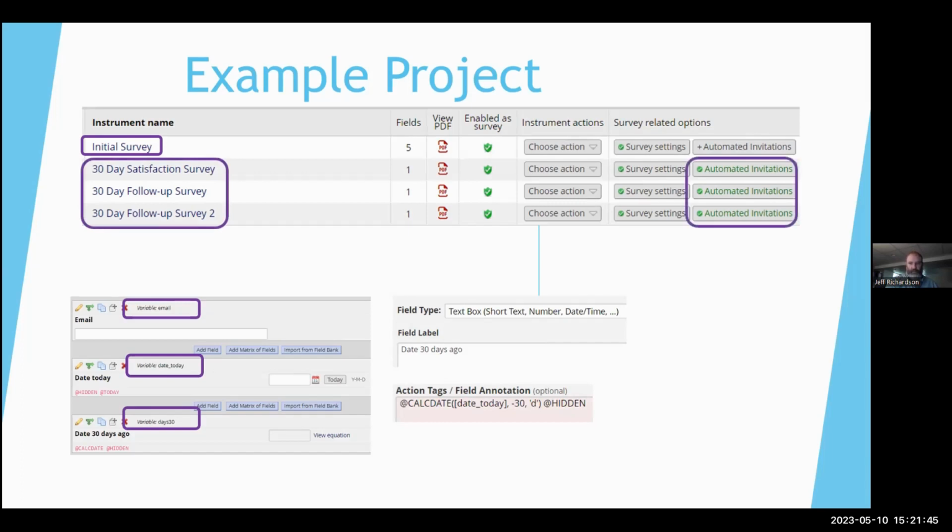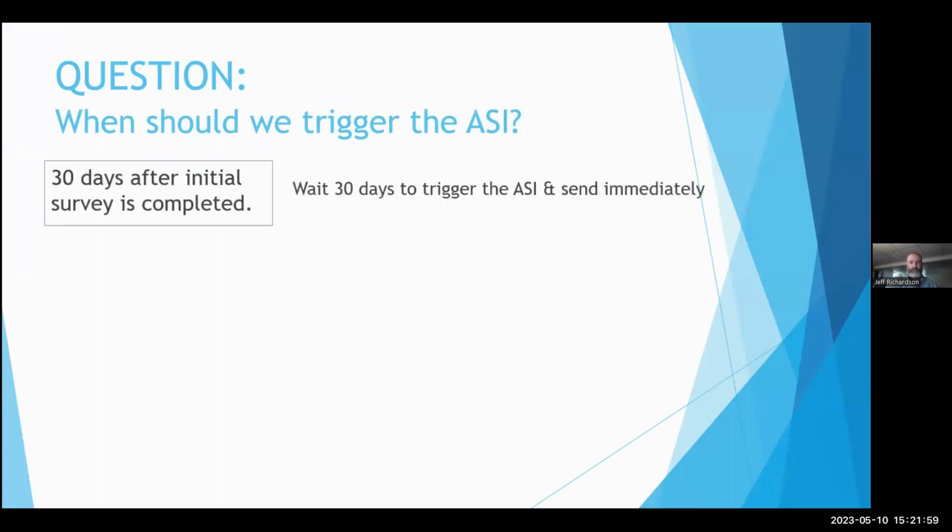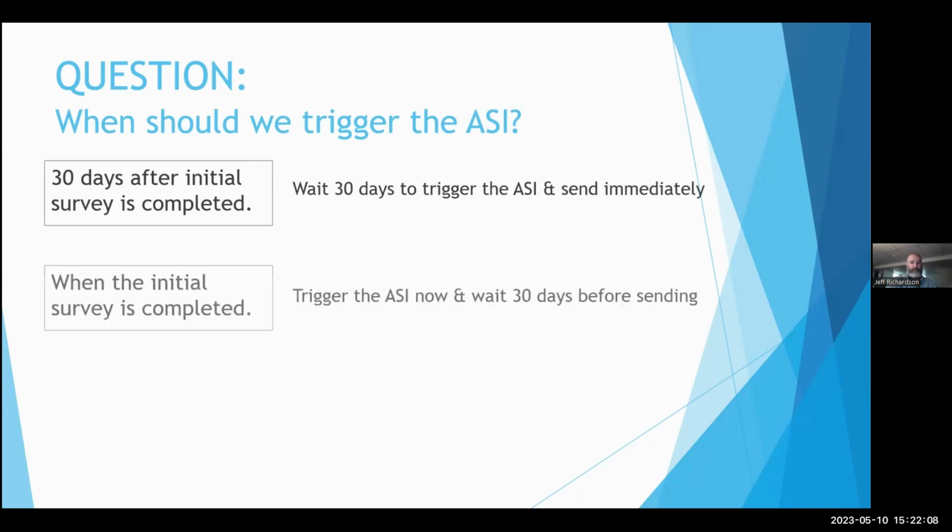There are also additional surveys to be sent out 30 days after the initial survey has been completed, and we want to use the automated survey invitations to deliver our other surveys 30 days later. So question, when should the automated survey invitation be triggered? Should it be 30 days after the initial survey, and then we'll configure the ASI to send after 30 days?